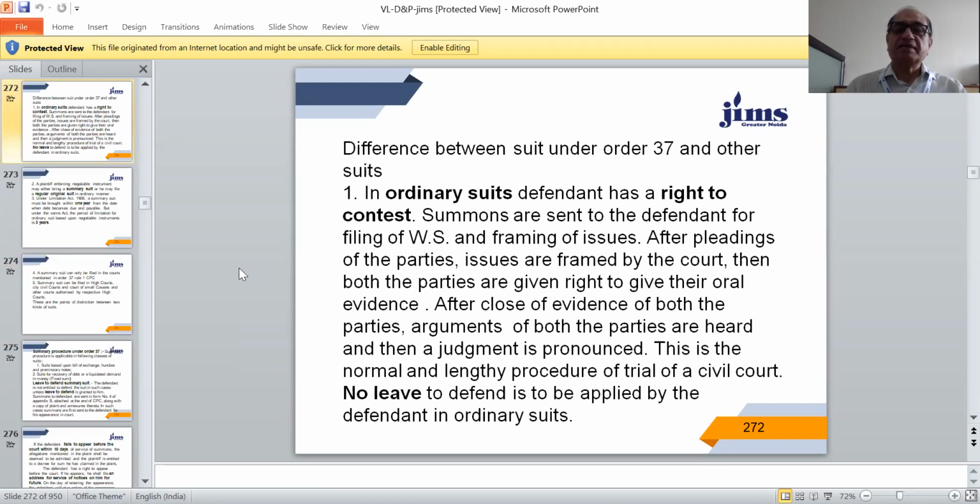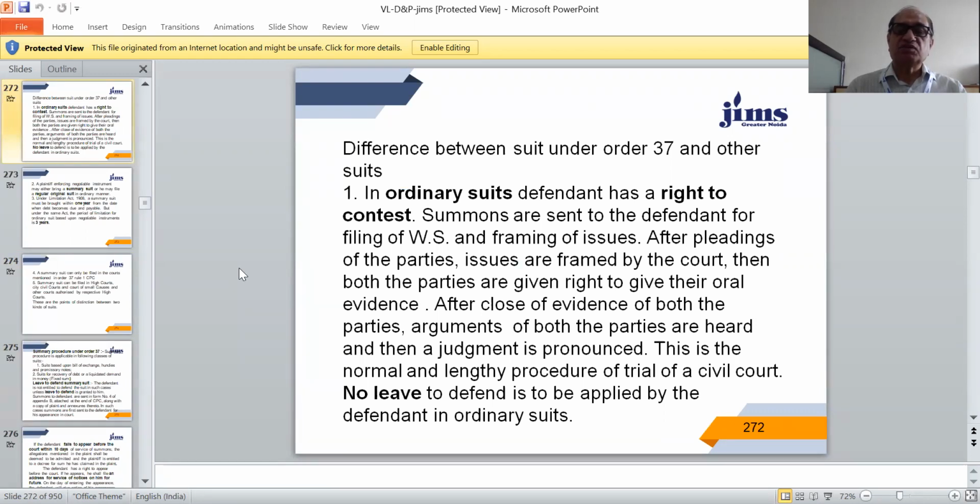After pleading of the parties, issues are framed by the court. Then both the parties are given right to give their oral evidence. After close of evidence of both the parties, arguments of both the parties are heard, and then a judgment is pronounced. This is a normal and lengthy procedure of a trial of a civil court.